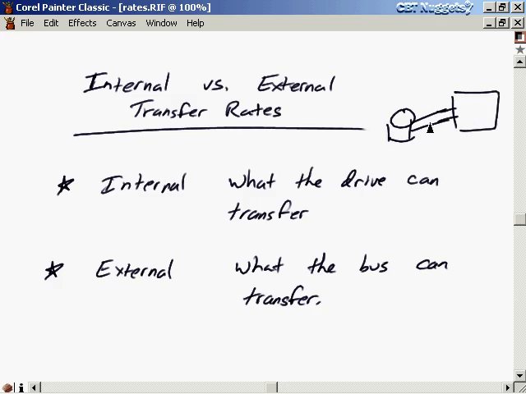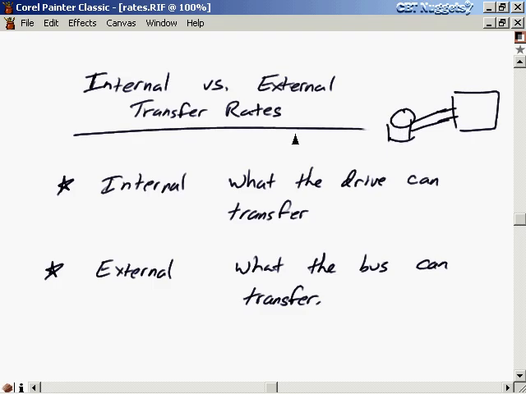Well, typically the bus has much greater bandwidth, can transfer data much more quickly than the disk can. So usually the disk is the bottleneck in this equation. So it's like a highway, right? Like the bus is like a 6-lane highway, and then the disk is like a 3-lane section of that highway. So it doesn't matter that the 6 lanes can pump all these cars through. They're all going to have to go through that 3-lane section, and that's going to slow things down.